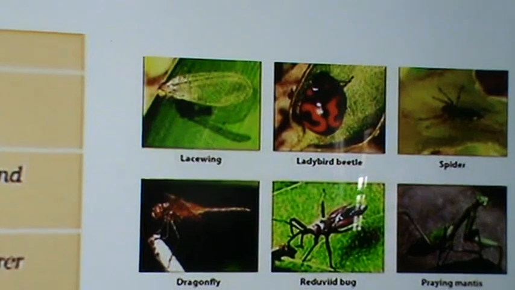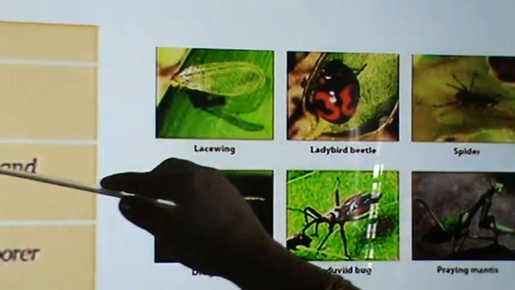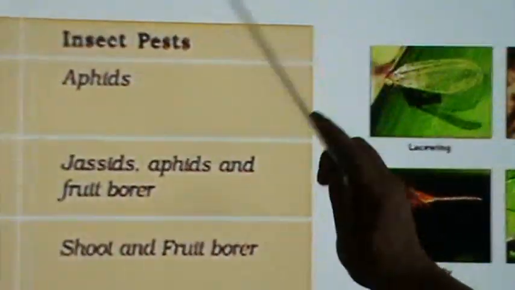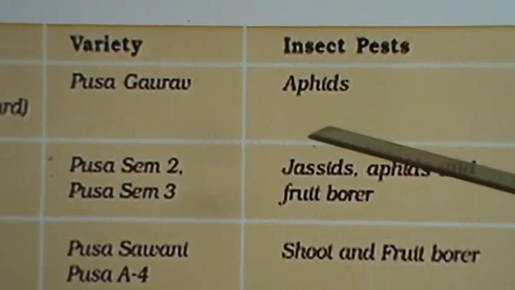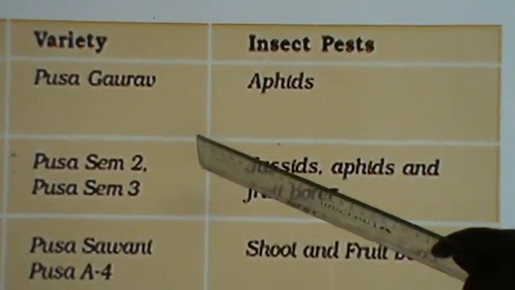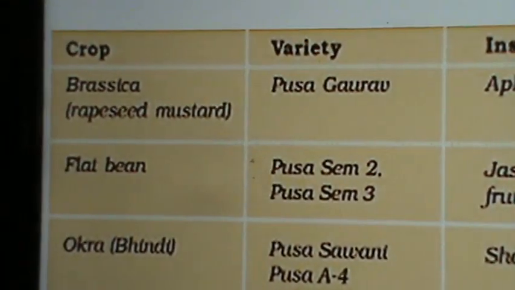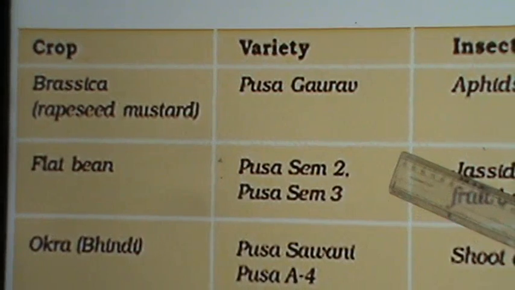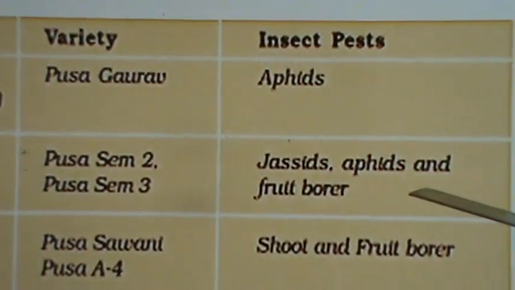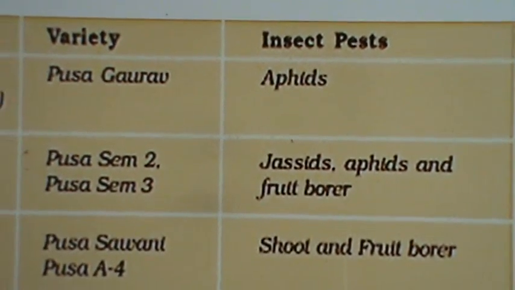Okay, so the first one is mustard. An important example is Pusa Gaurav, a hybrid variety of mustard developed, which has resistance towards insect pests such as aphid. For flat bean, two hybrid varieties have been developed, Pusa Sem 2 and Pusa Sem 3, which develop resistance towards the insects jassids, aphid and fruit borer.